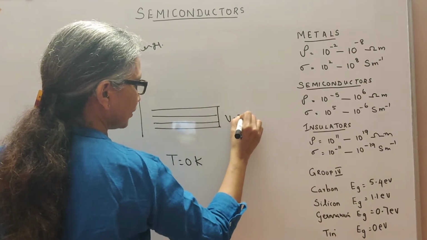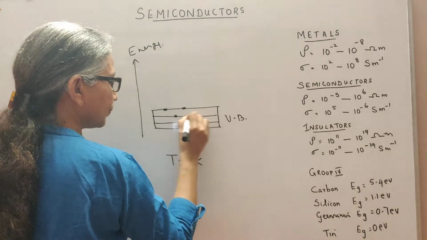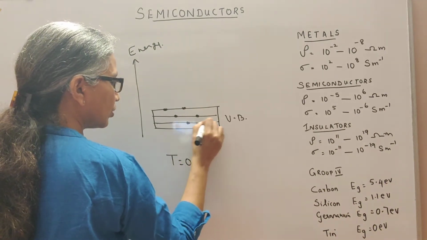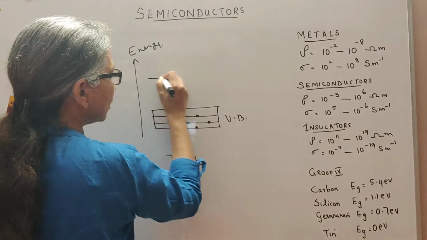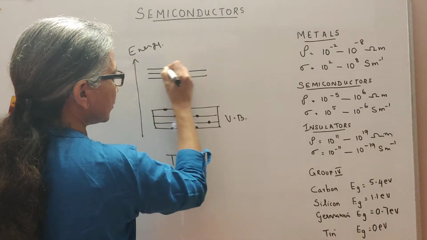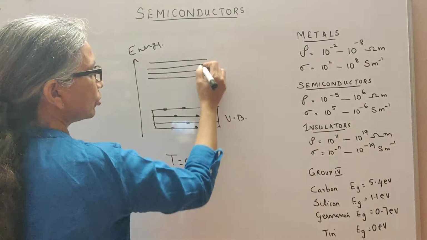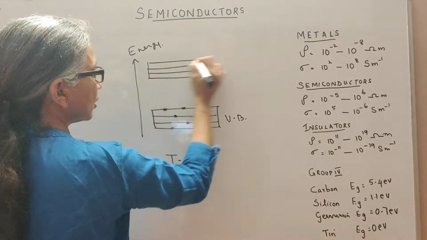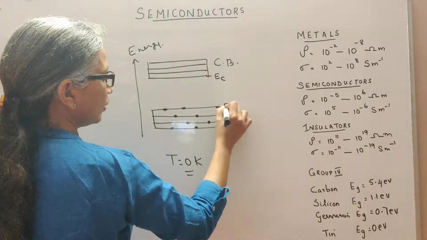The valence band is completely full. All the electrons are bound in the valence shell, so they all appear in the valence band. The conduction band is completely empty, no free electrons available for conduction at T equal to 0 Kelvin. So this is the conduction band. This is EC and this is EV.